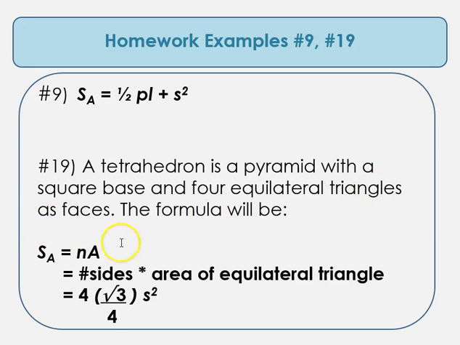We take our original formula of S equals nA, the number of sides times the area, and here the area is of an equilateral triangle, so I've substituted the formula for an equilateral triangle, which is square root of 3 over 4 times side squared, and it'll be multiplied times 4. So the formula you'll use is S equals 4 times square root of 3 over 4 times s squared.